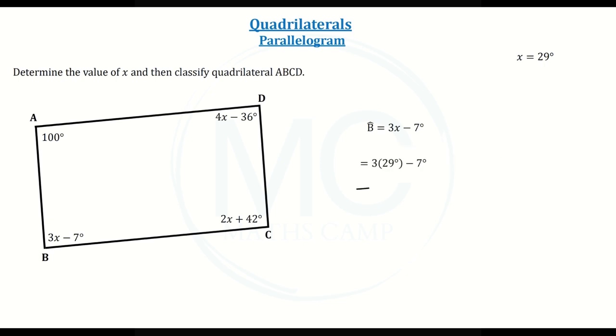We just found that 3 multiplied by 29 is 87 degrees. Then we minus 7 degrees, and we get a total of 80 degrees. This is the size of angle B. So again, let's make some space. Let's take out 3x minus 7, and we can fill in 80 degrees.